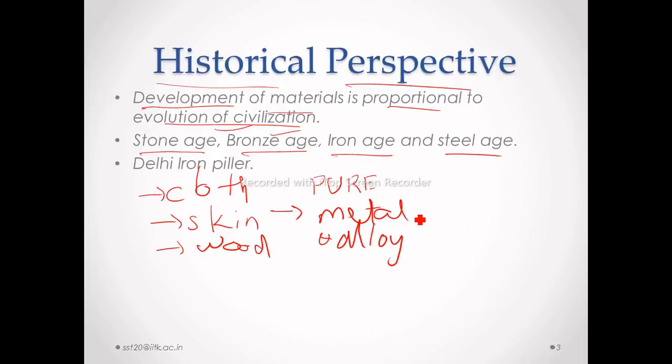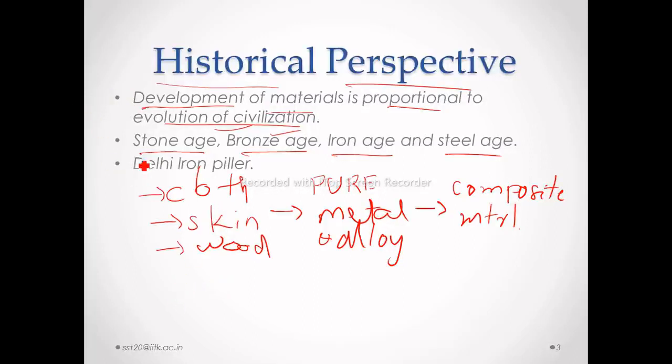After that, they used advanced materials such as composite materials. This is the development of civilization along with the materials.